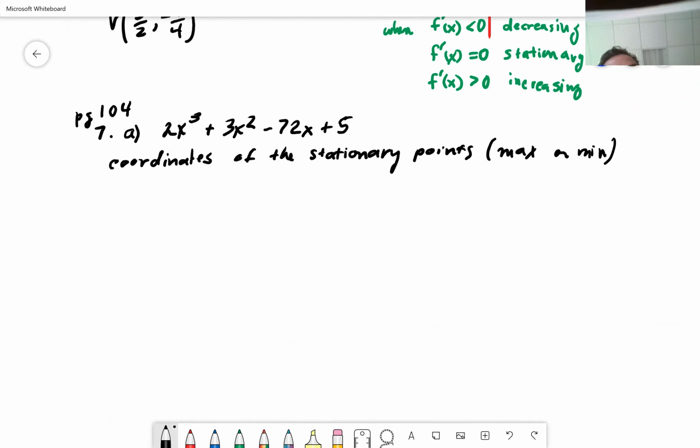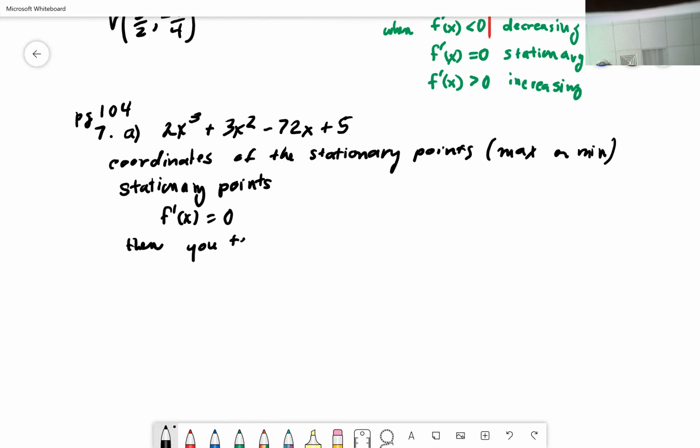So remember, stationary points are found when f prime of x equals 0. And then you test either side for decreasing or increasing.